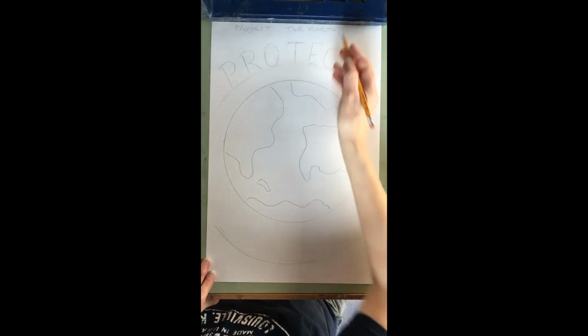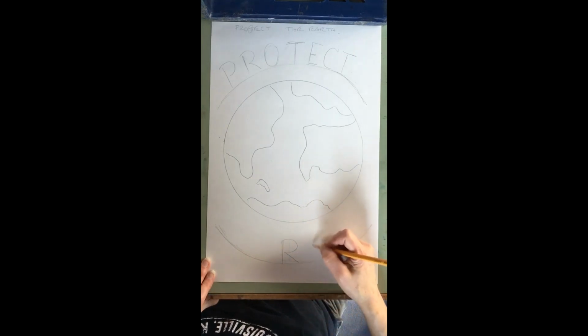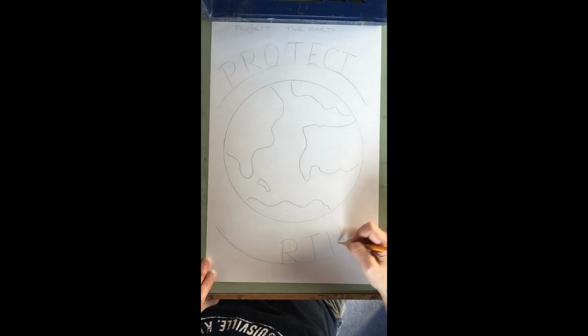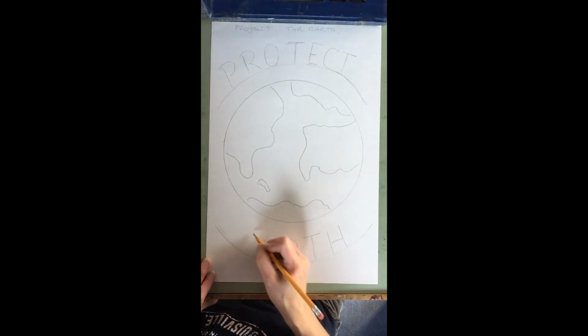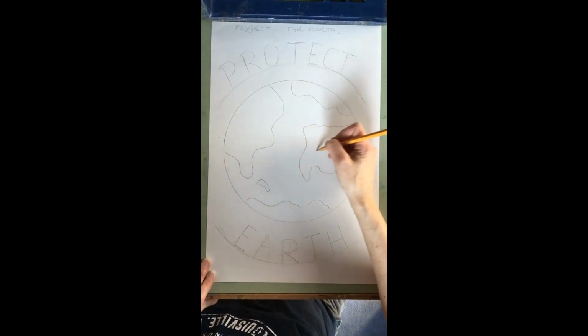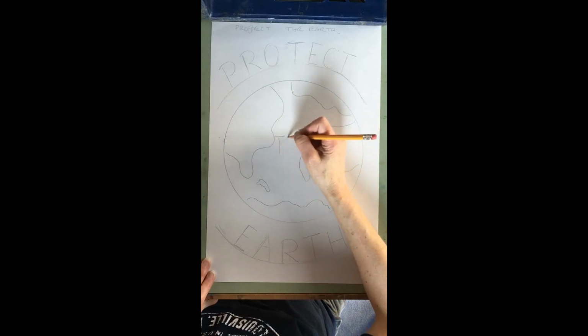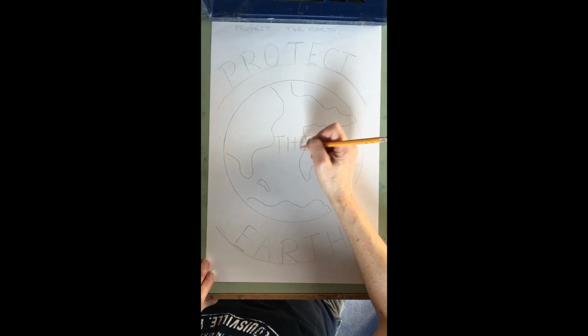That has 5 letters, so the R would be in the middle, and the T and the H to the right of that, and the A and the E to the left of that. And I think on this poster design, I'll write the word the right in the middle of my picture.